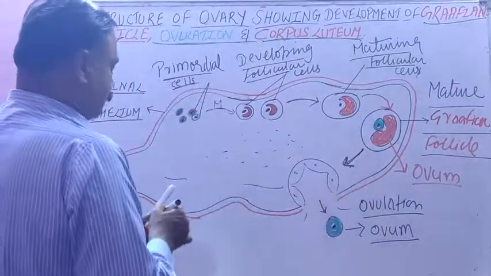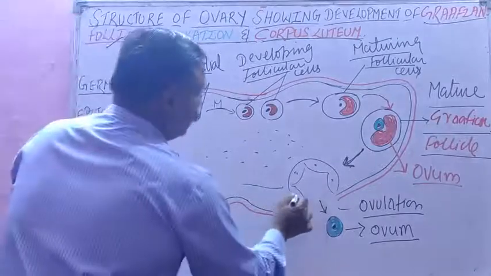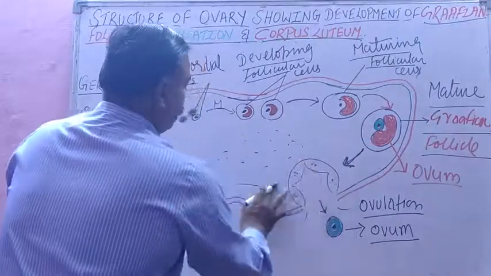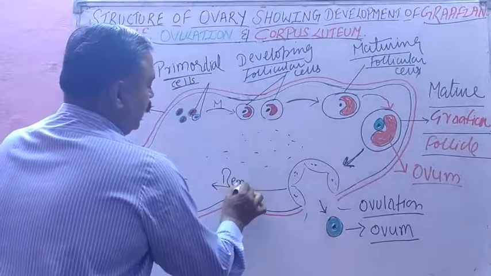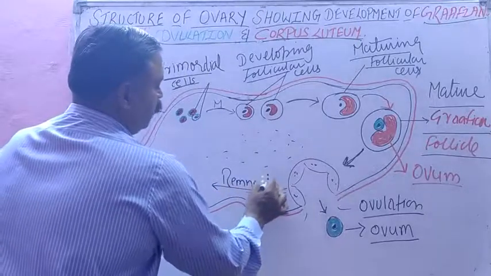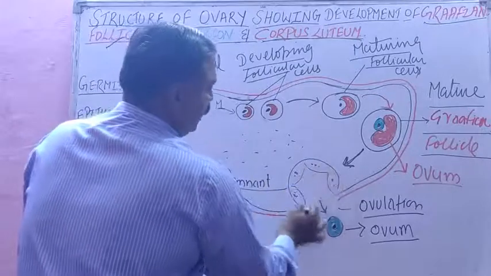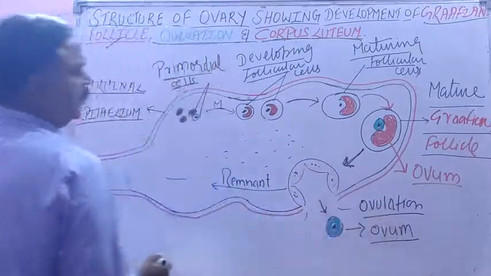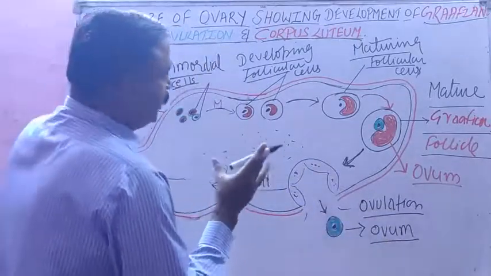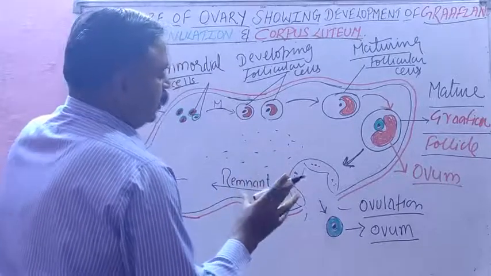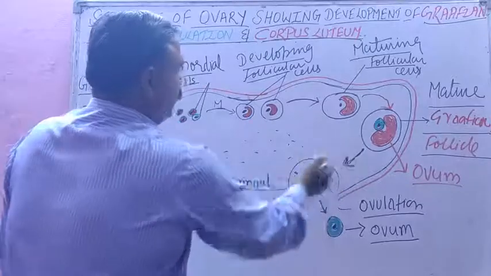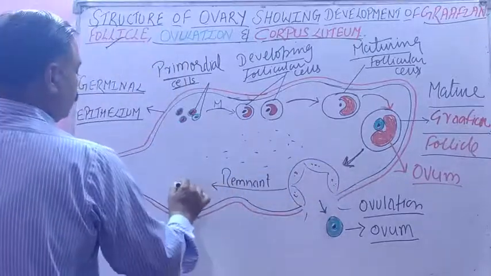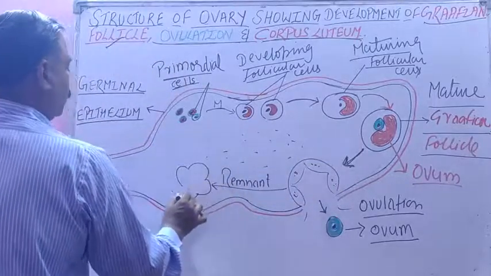And now the concluding step. Observe carefully. The remnant, whatever remains after ovulation and release of the ovum into the fallopian tube, or you can say the funnel of the oviduct, the remaining part of the Graafian follicle is called corpus luteum.